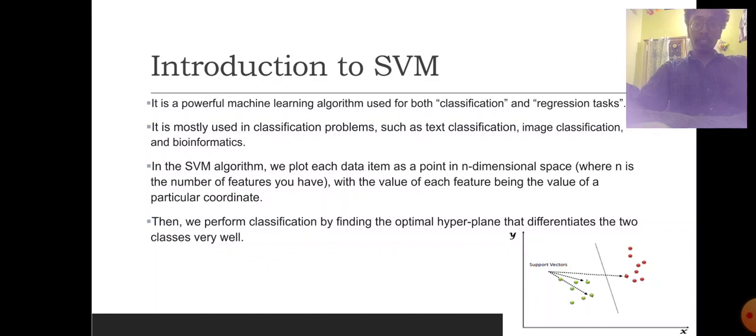In the support vector machine algorithm, we plot each data item as a point in n-dimensional space, with the value of each feature being the value of a particular coordinate. This is how we represent the support vector machine in xy coordinates. Then we perform classification by finding the optimal hyperplane that differentiates the two classes very well.